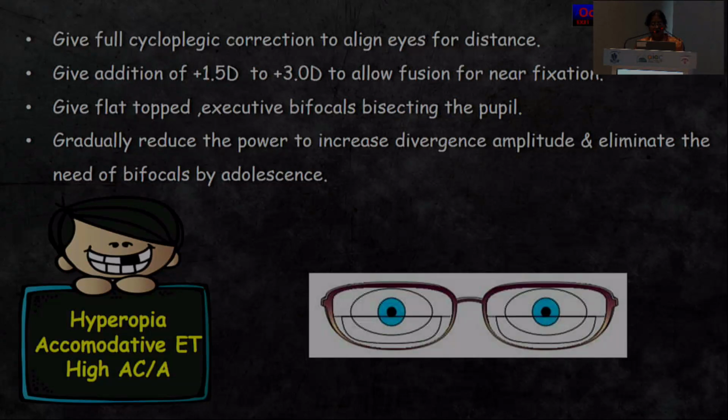Executive bifocals bisecting the pupil would encourage the use of the near component. It has to be flat topped, and the idea is to gradually reduce the power to increase the divergence amplitude. With every visit you have to keep the patient on close follow-up, and as the child grows, you need to reduce the bifocal power gradually.